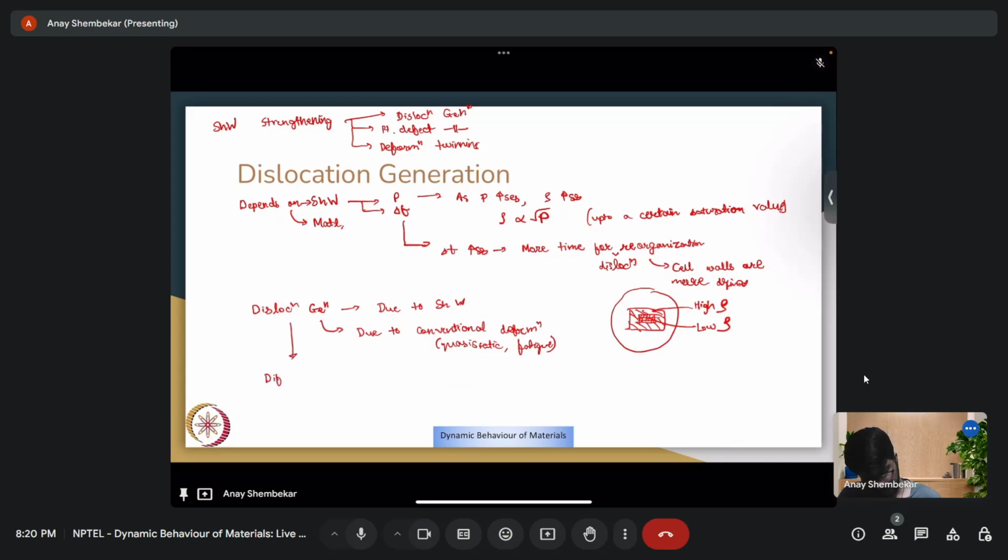Difference in both processes: for FCC metals, stacking fault energy determines dislocation structure in both shock wave and conventional or quasi-static loading.